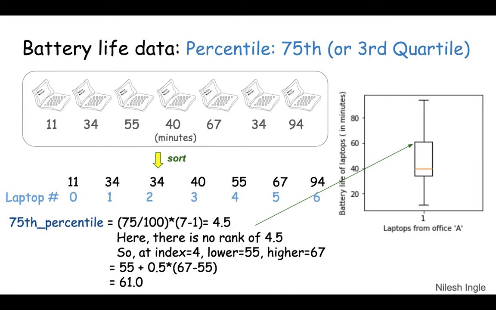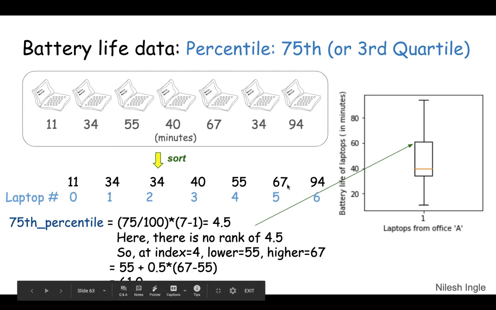Moving on to calculate the 75th percentile, or the third quartile, we replace this value right here in the formula by 75. So 75 divided by 100, the rest stays the same. We get a value of 4.5. So we look at the observation at index 4, where we have 55. We put it as lower, and then one up from that at index 5 we have 67, so that's what we use for higher.